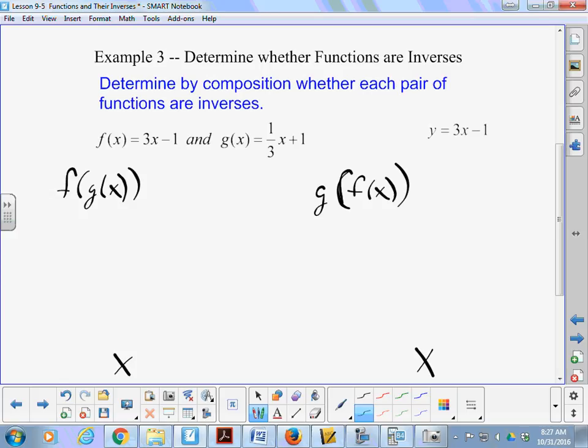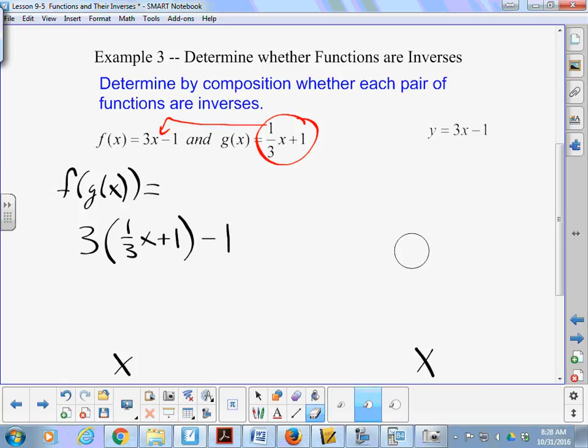So remember, f of g of x means we're going to take g of x and put it in for x in f of x. So we're going to take this and put it in there for that x, and then we're going to simplify it. So we get 3 times 1/3 x plus 1, minus 1. I'm going to erase this and move it.